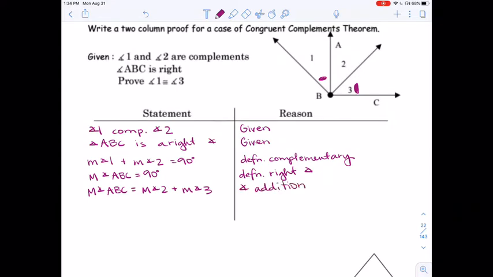Just like we did segment addition earlier, two angles combined to give me the larger angle through angle addition. And now we're just going to do some substitution. So if I know that ABC is 90 degrees, that means I can swap these two out for each other. So 90 degrees is equal to the measure of angle 2 plus the measure of angle 3. We're just going to substitute that out.